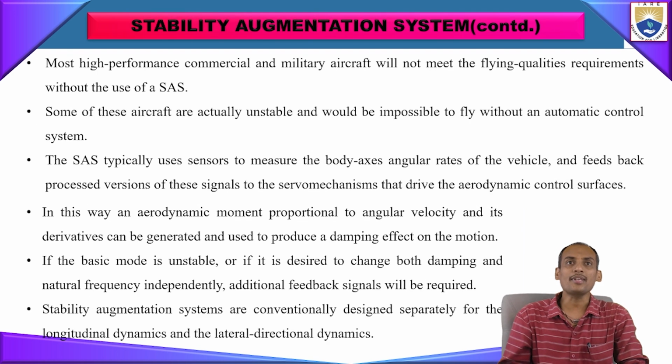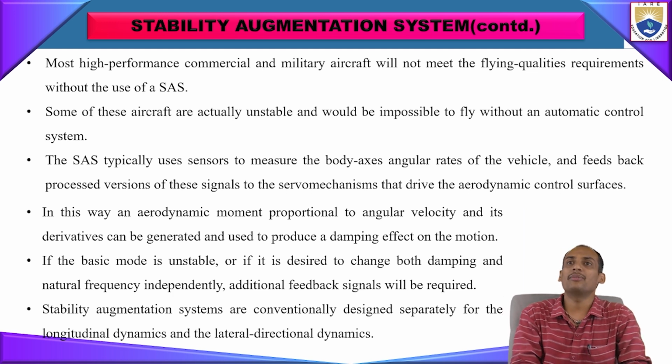Okay. So the high performance of commercial and military aircraft will not meet the flying requirements without this stability augmentation system. Some aircraft are actually unstable and would be impossible to fly without an automatic control system. If it is not there, then we can't even control that aircraft.